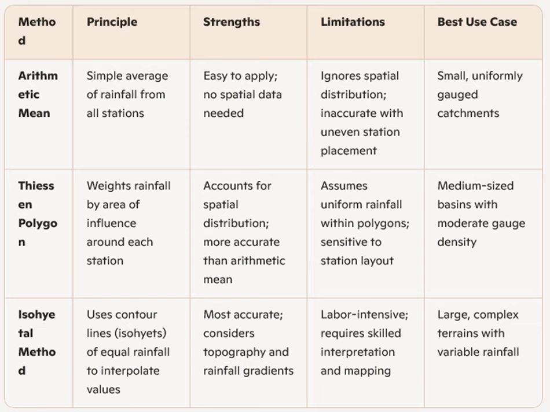G1, G2, G3, G4. So this is the location of gauge stations. Our first step will be to connect with the help of a straight line G1 and G2, G2 and G3, G3 and G4, and G4 and G1.